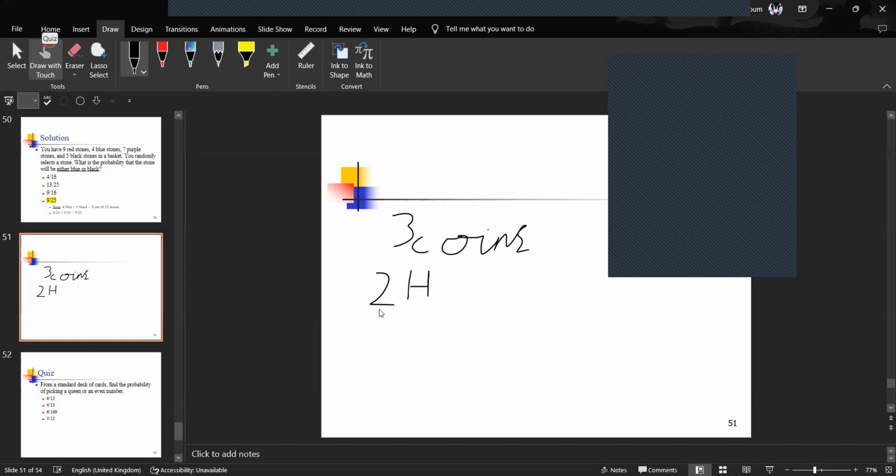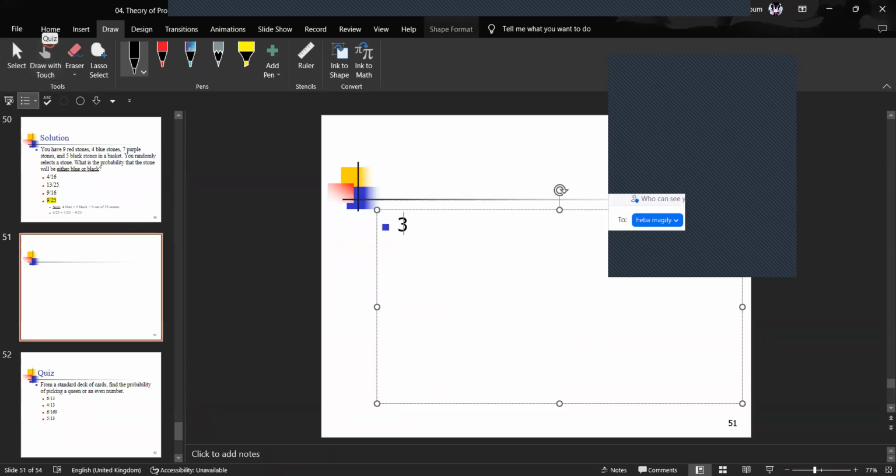So either you're getting heads or tails. It's a 50-50% chance for each. Okay, so we have 3 coins, heads 2 times. Then we have heads equals 0.5.